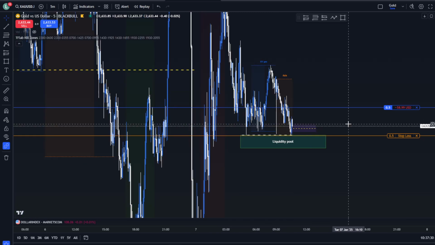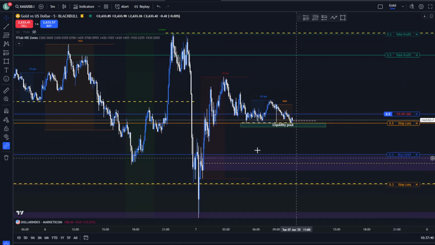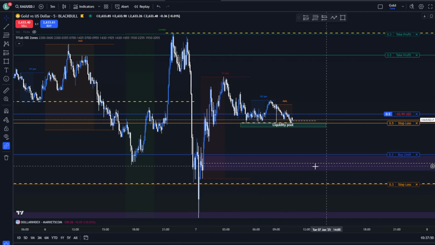Essentially, I was just looking for some lows that I could base the optimal trade entry off, with the overall bias that we were going to grab some buy side liquidity. I was just looking for any setup that would give us that optimal trade entry.